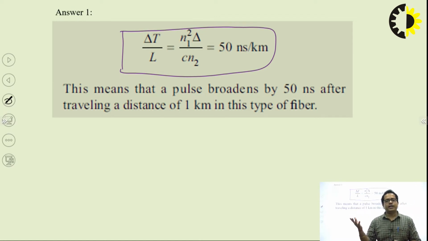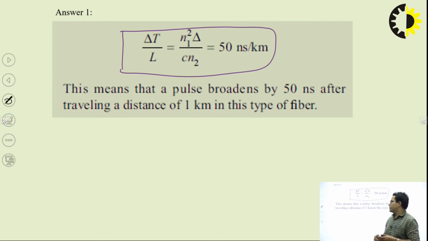Whereas the other ray, which we call the axial ray, only travels through the center axis of the fiber. That means it is not going to fall at the core and clad interface. It will directly pass through the central axis of the fiber. That is only possible because of a highly concentrated laser source.